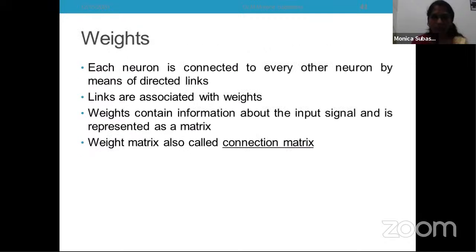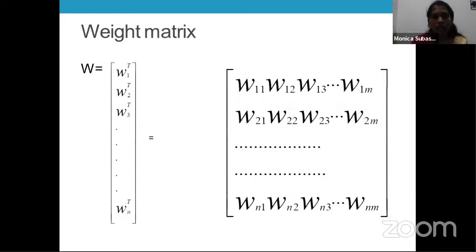You have to know all these when you're working with neural networks. You connect the inputs with links, connection links or weights. Depending upon the weights, you can improve or decrease the importance of any input. You can represent the weights as a matrix, and this is how we work in MATLAB with the help of a weight matrix.